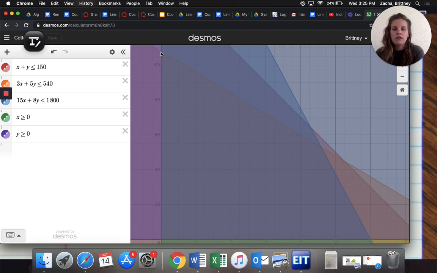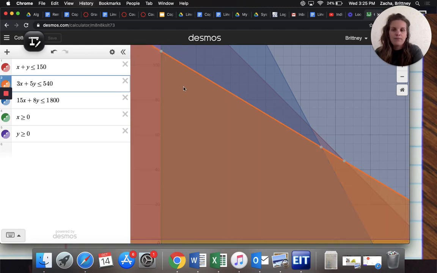Here, I have my orange line crossing my green line, so I need to grab my orange equation and my green equation. I know these are inequalities, but for the sake of solving for this system, or the intersection point, we're going to change these to equal signs, because an equal sign represents a line, and so with two lines crossing, we can just change those. The inequality represents the shading, and if we're just solving for this point, we don't need that.